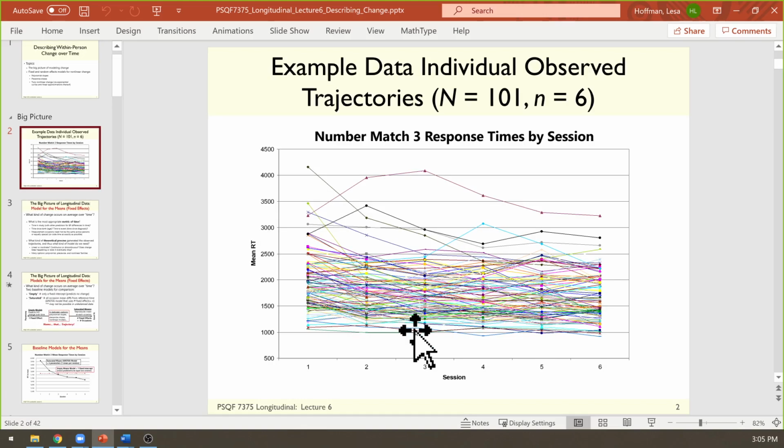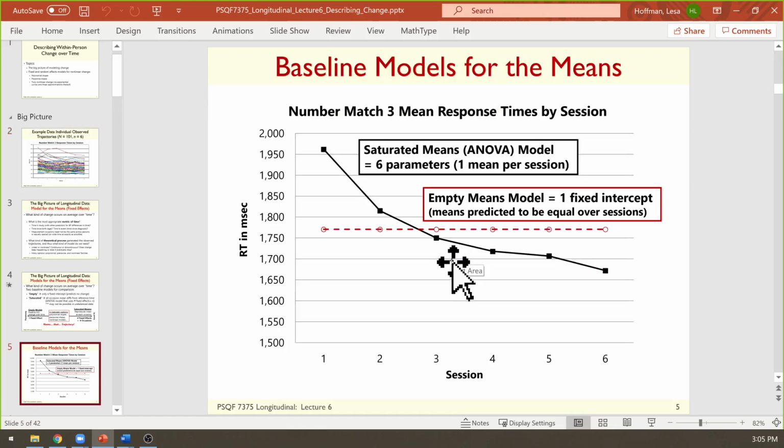The individual data can be very hard to see what the trends are, but making a picture of the means at each occasion, saturated means, tells you the general type of shape of the trajectory. That information combined with information about your design should then point you in a direction in terms of which of these families of models is going to be useful.